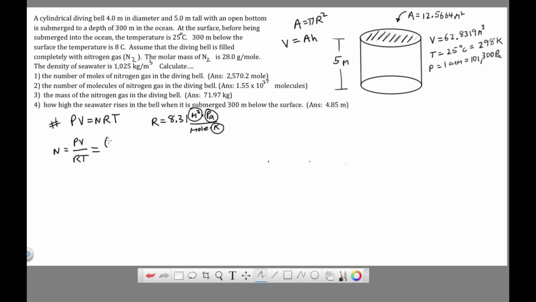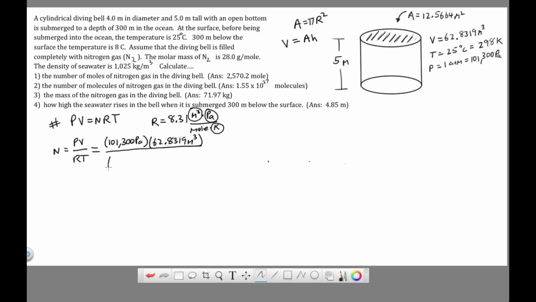So the pressure is 101,300 pascals. I'm using pascals because that's what the gas constant calls for. The volume we've calculated, it's 62.8319 cubic meters.